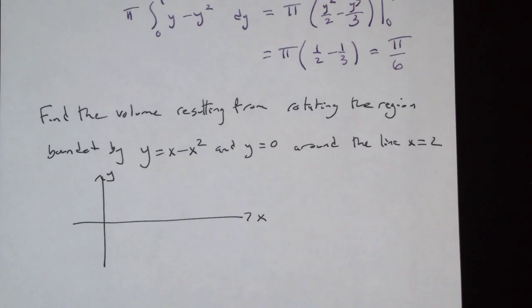What is the graph y equals 0? Horizontal line. It's not just any horizontal line. It's the x-axis. So I've already drawn that one. What's the graph of y equals x minus x squared?